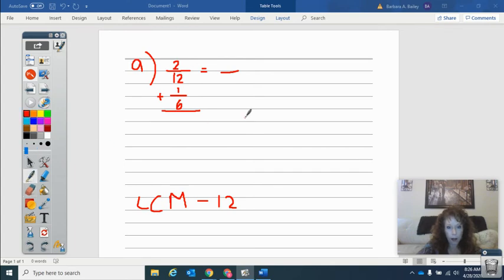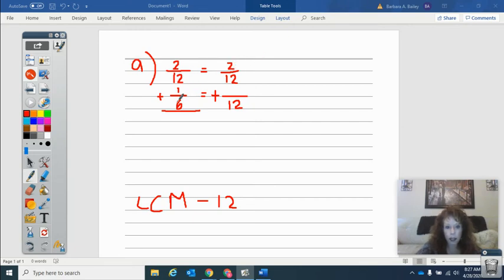Okay, so I'm going to change 2/12 plus 1/6 into two fractions with a denominator of 12. That's 12, this is 12, and I'm adding. So 2/12, well, I really don't need to change that, right? This is a 12, this is a 12, so the numerator is going to stay a 2 because 2/12 is equal to 2/12.